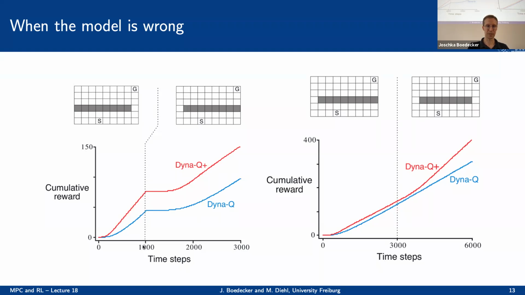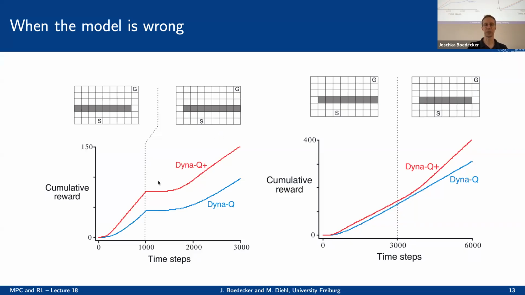at time step 1000, the environment is switched so that the whole wall is moved to the right. So it basically blocks the passage that was there before, and it opens the passage on the very left. Now in the beginning, it takes some time until the agent really realizes that this solution is no longer available.